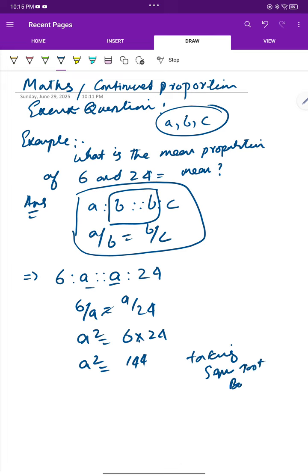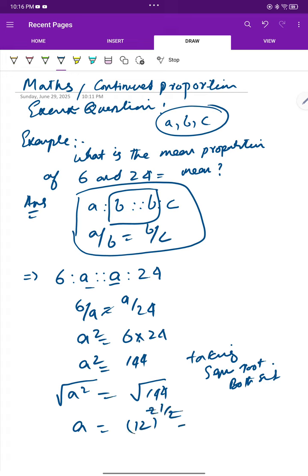Taking square root on both sides of the equation. So A square under root, 144 under root. So it becomes A, and this is 12 to the power 2 into 1 by 2. The 2 is gone, and we get A is equal to 12.